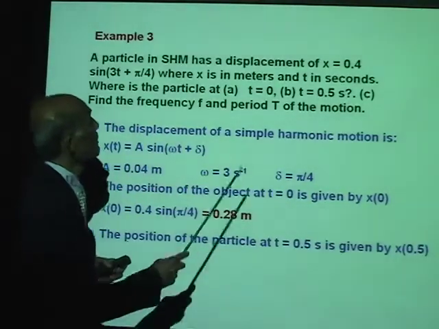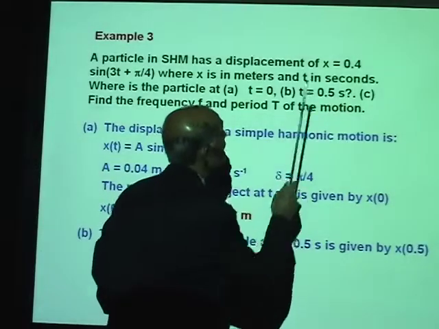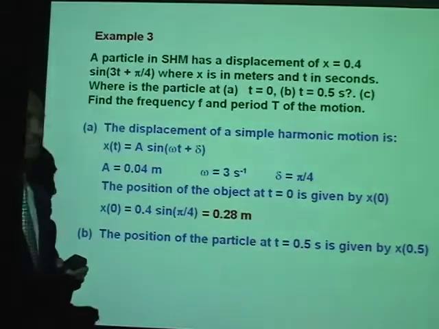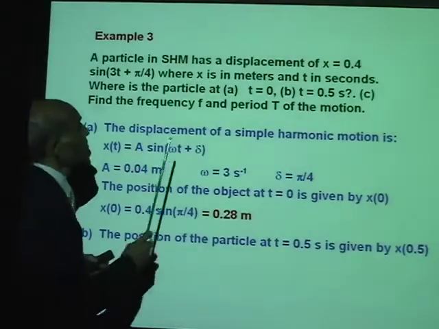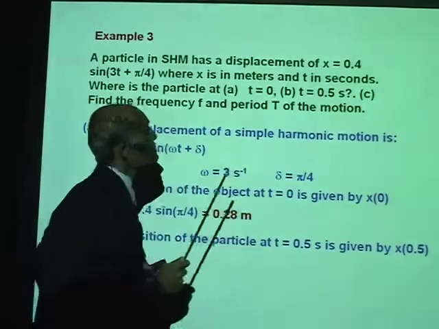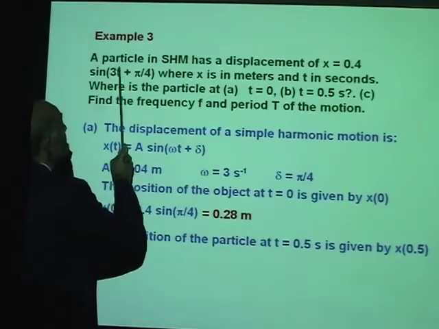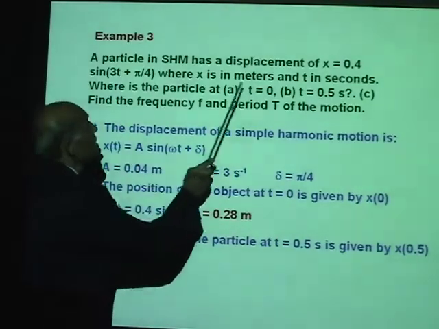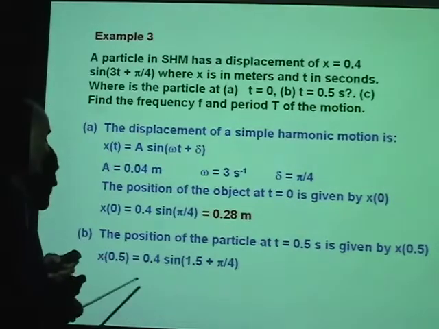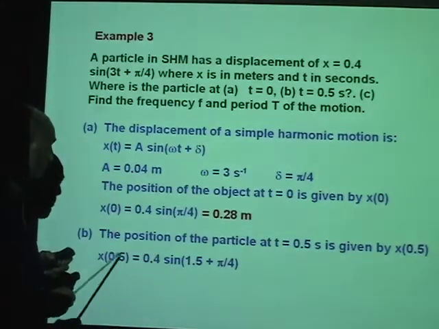What's B? Where is the object at t equal to 0.5 second? Alright? In order to find the position at t equal to 0.5 seconds, what do you do? Come over here and put the value of t equal to 0.5. Let's do that. It will be x of 0.5.